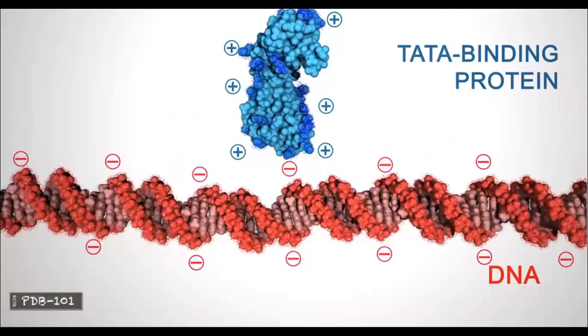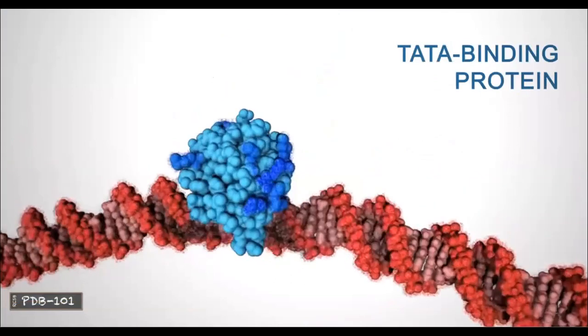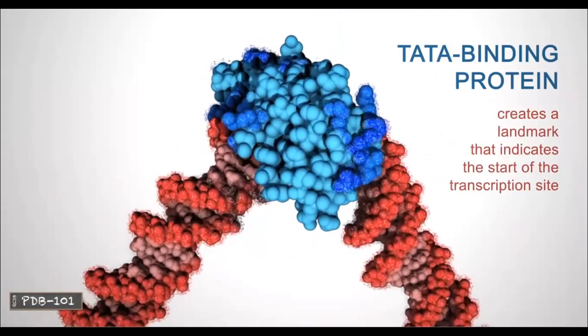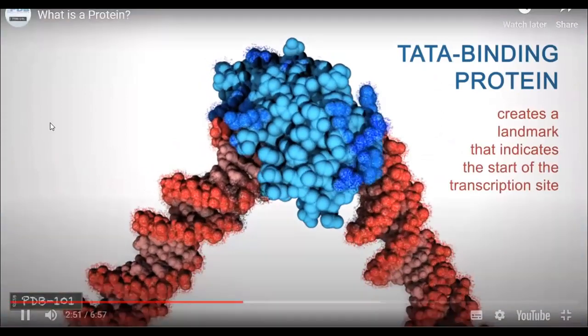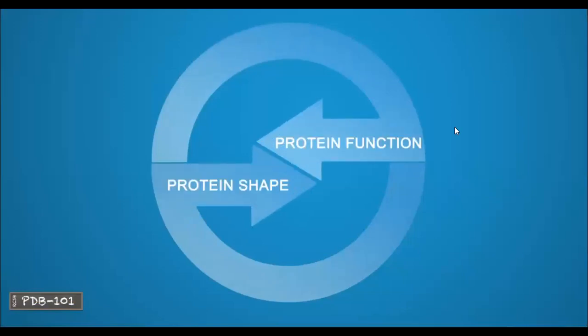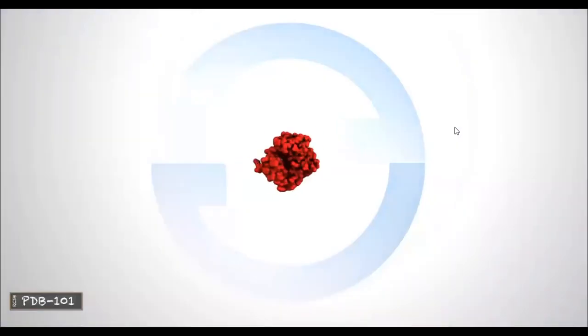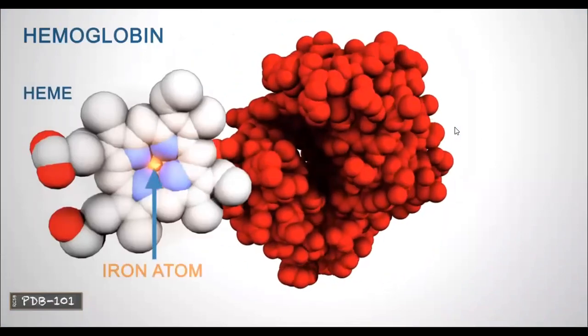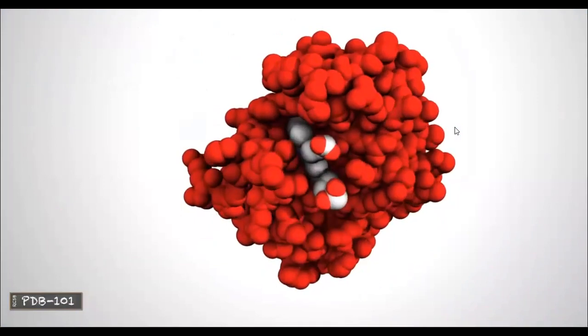Charged amino acids allow proteins to interact with molecules that have complementary charges. The functions of many proteins rely upon their three-dimensional shapes. For example, hemoglobin forms a pocket to hold heme, a small molecule with an iron atom in the center that binds to oxygen.